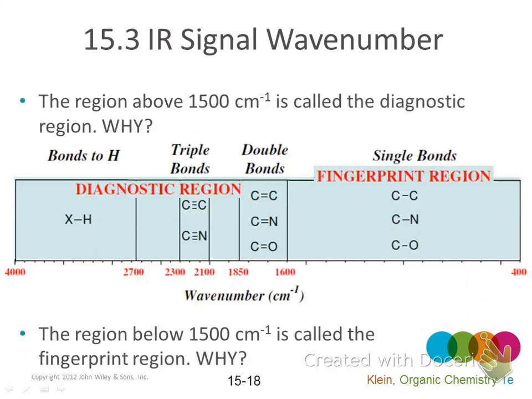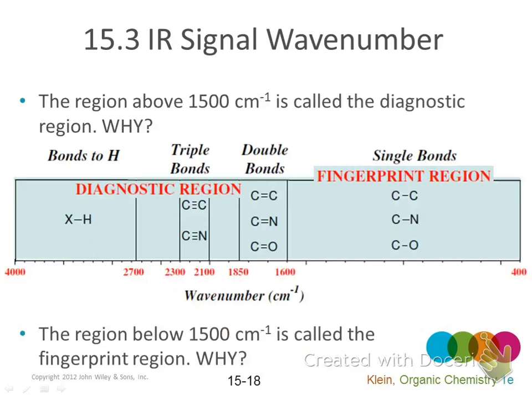Now, diagnostic region. What do you do when you make a diagnosis? You look at the data and you make an initial diagnosis. Of course, they got a hole in their head, they're bleeding, you kind of know what it is. But you look at the symptoms and you make an initial diagnosis. That's actually what this diagnostic region is used for.